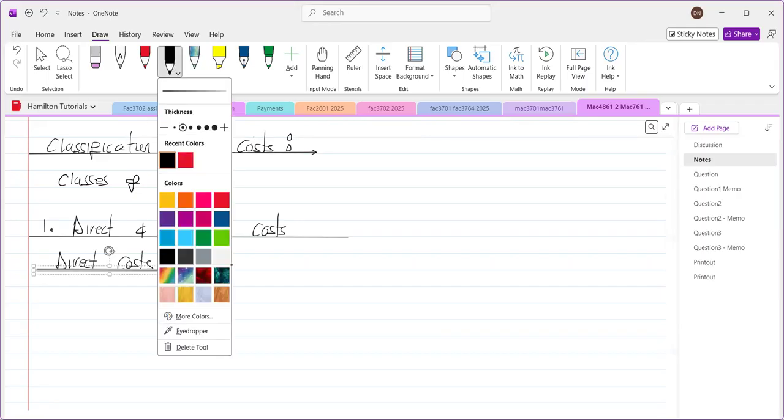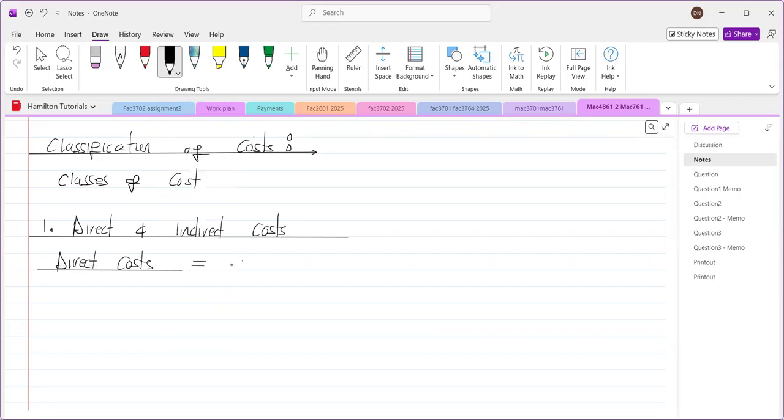Right, so when we talk about a direct cost, this is a cost that is specific, or directly attributable, to a particular product.